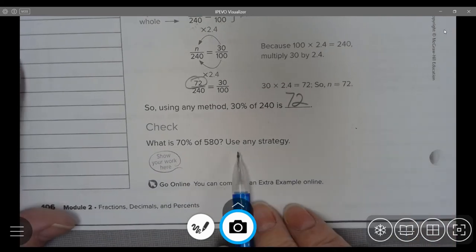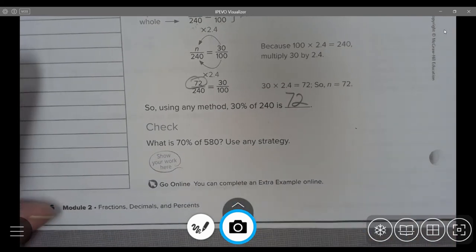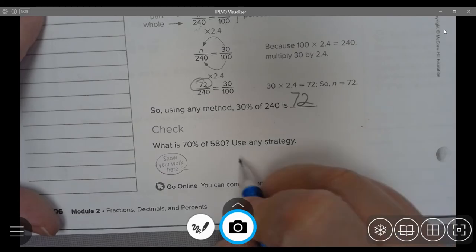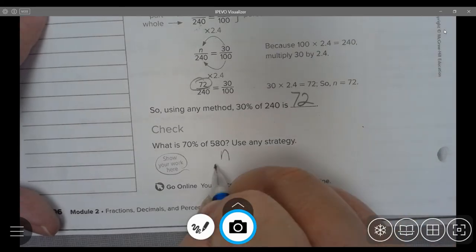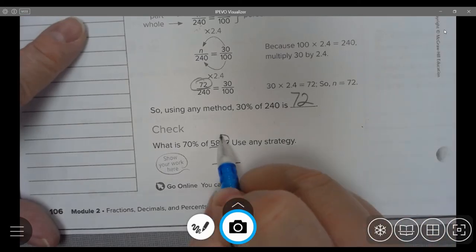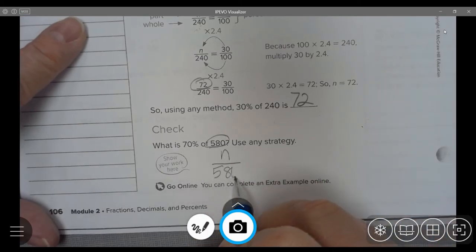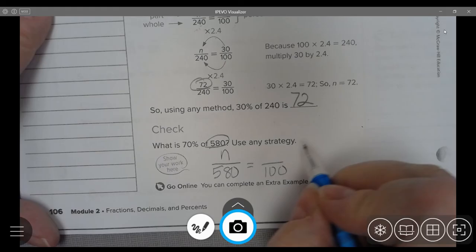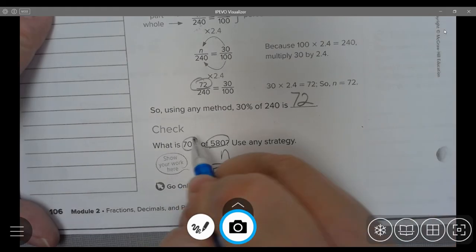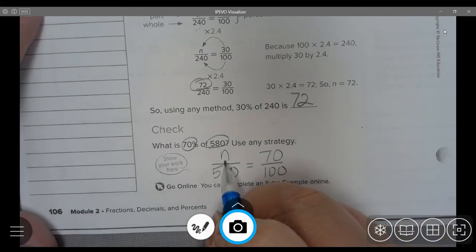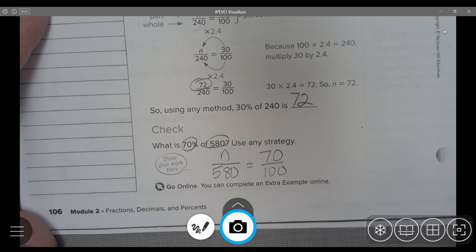So what is 70% of 580? Use any strategy. I like to use the equivalent ratio, so that's the one I'm going to use. So I will set it up as I'm not sure how much 70% would be, but I know I'm looking at the 580. The 580 would be the 100%, and the 70% would be on the top where we're not sure of the number.